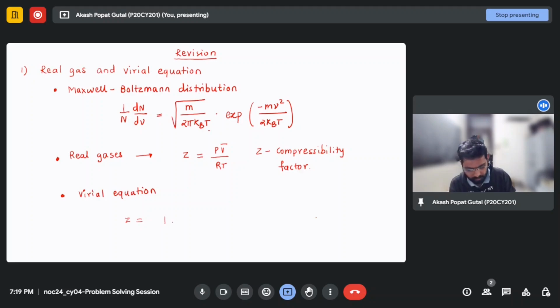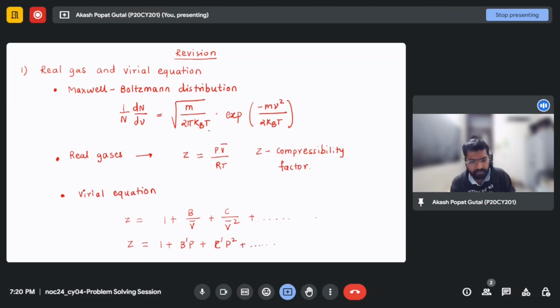Suppose for volume, Z can be given as 1 plus B over V plus C divided by V square plus higher order terms, where V is molar volume. And the same equation we can write in terms of pressure as 1 plus B dash P plus C dash P square plus higher order terms.